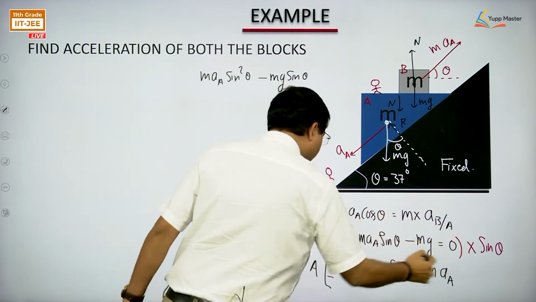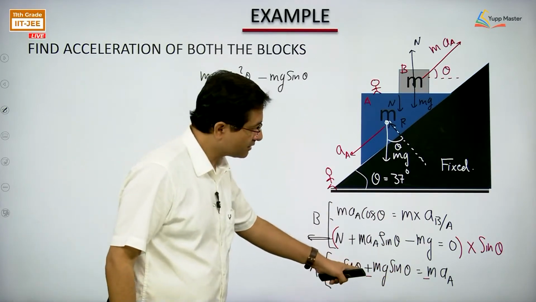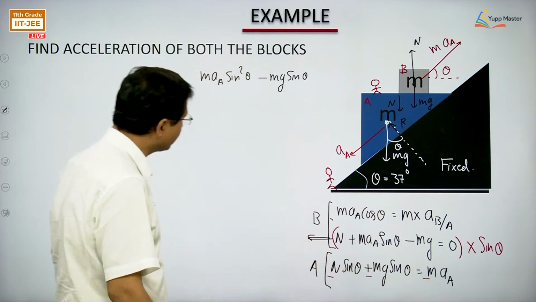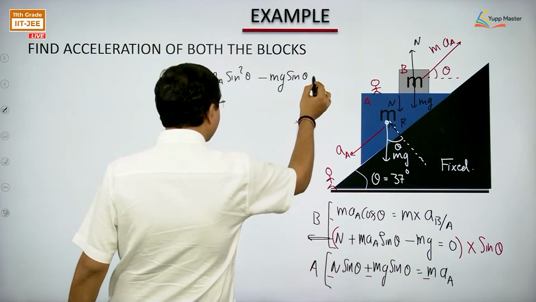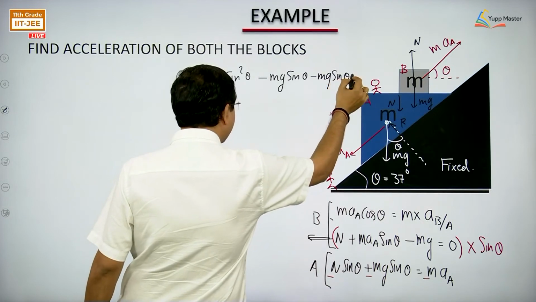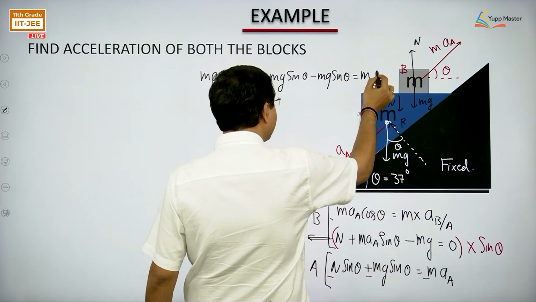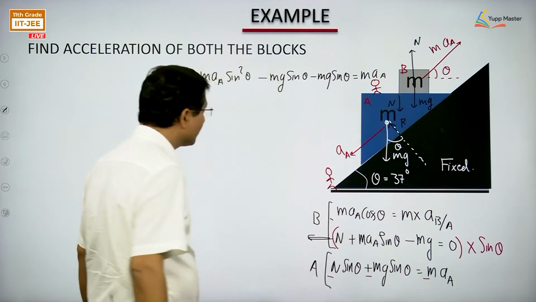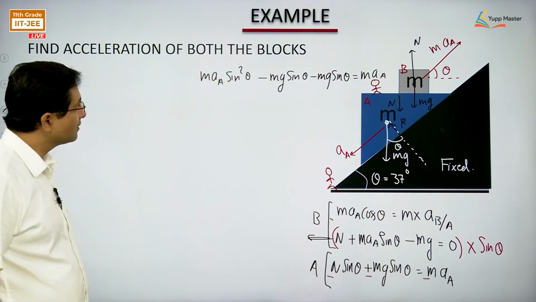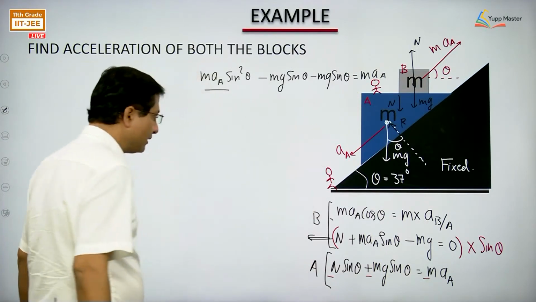On this side we have another term, one more minus mg sin theta. On the other side I can see m a_A. Let's simplify.